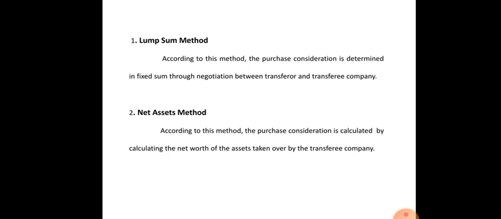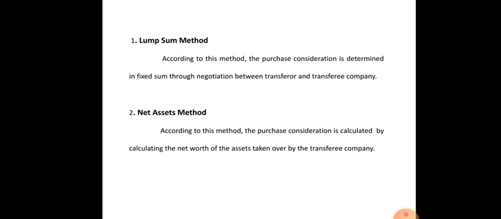The next method is the net asset method. The second method is the net asset method. According to this method, the purchase consideration is calculated by calculating the net worth of the assets taken over by the transferee company, considering the agreed fair values of the assets and the liabilities taken over by the transferee company.